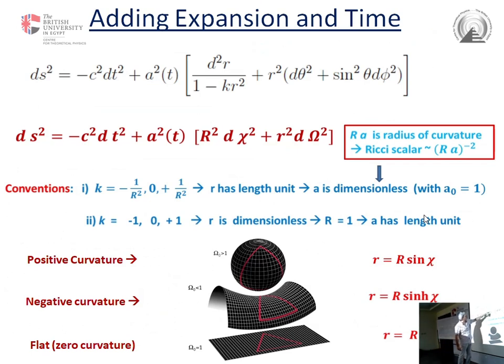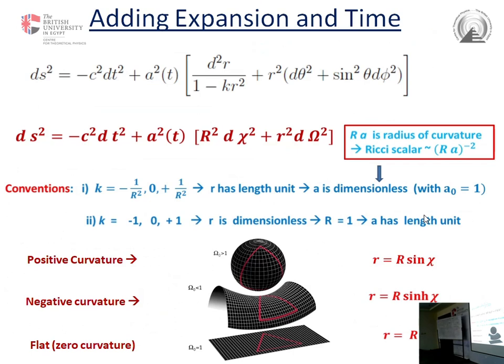Before we do that, we put our 2 formulations of the metric. Both are important, or at least interesting to be used in some situations. Also to mention that there are different conventions. Sometimes you'll see k as minus 1, 0, and plus 1. In that case, A will not be a dimensionless scale factor like we did, but will have dimensions of distance.